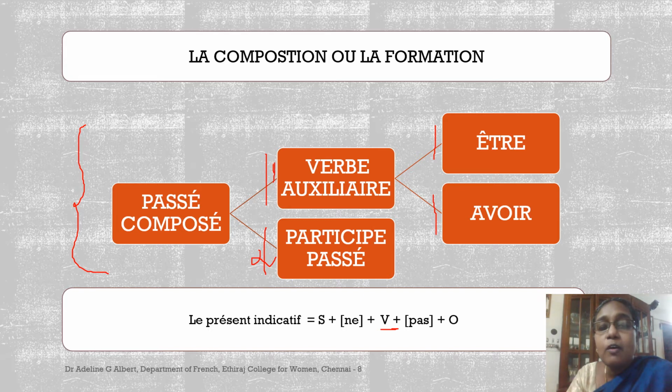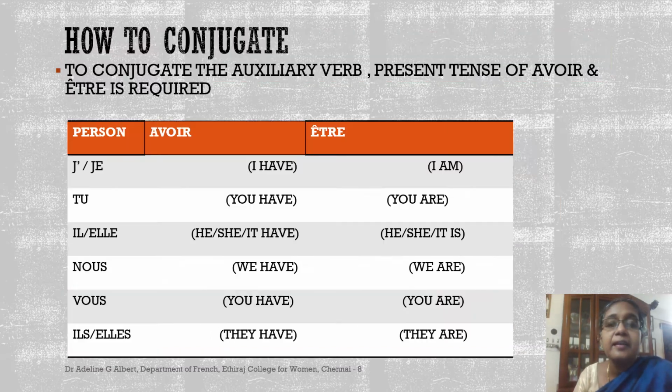You have the auxiliary followed by your past participle. Okay? So in the present tense, you have only one simple verb. And the Passé Composé, remember, composé means it is composed of. Therefore, there are two parts in it. One is the auxiliary, which is easy for you to remember. It is the verb être or avoir. And the second one is the past participle or le participe passé.